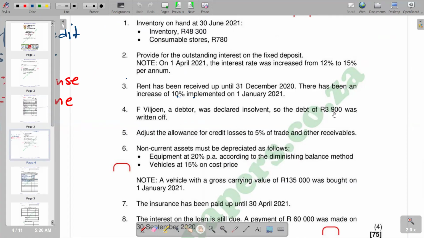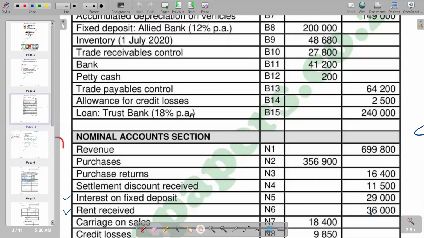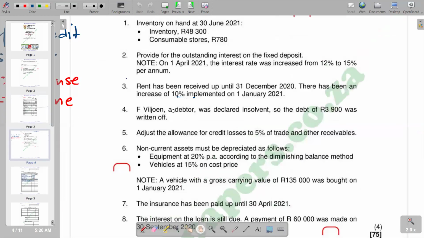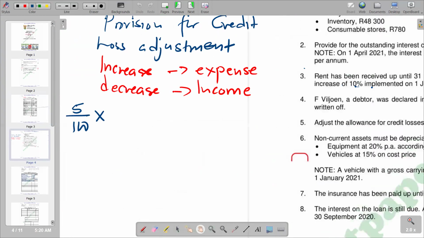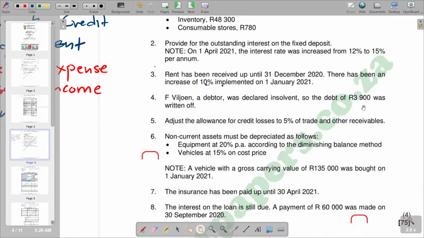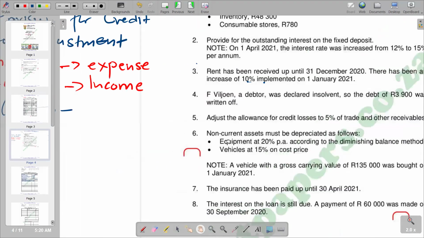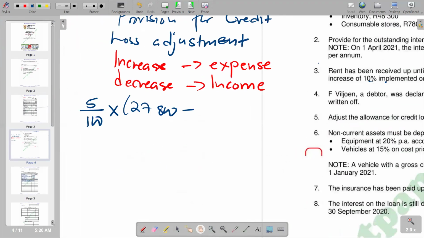You need to first subtract 3,900, and then the net figure we multiply by 5%. So we say trade receivables control 27,800, in brackets, and then we subtract the further credit loss that we are given, which is 3,900.